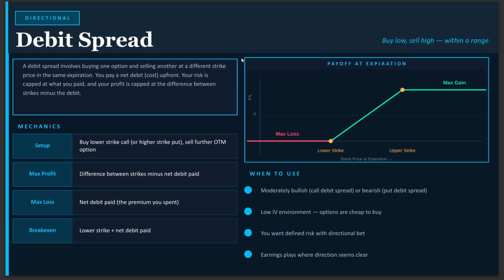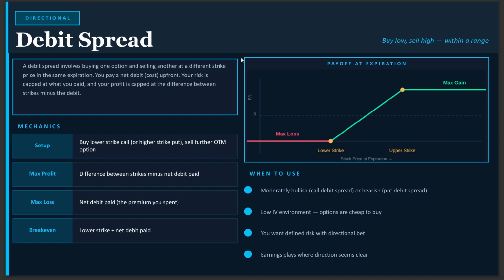If I go to buy a Google 310 call, that's going to cost me a decent amount of money, right? But if I end up selling a call against that long option, then my total debit for that position is going to be much smaller based on how far away I'm selling the other option out of the money.